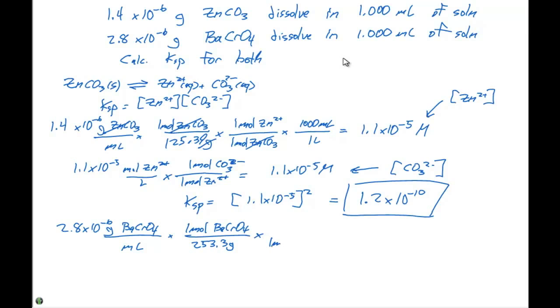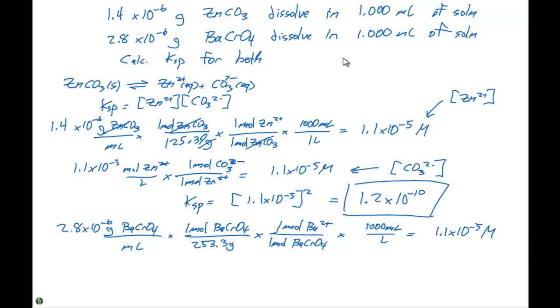For every 1 mole of BaCrO4, there's 1 mole of barium 2 plus. This gives us moles of barium 2 plus per milliliter. We need to convert to liters to get our molarity units, and we also get 1.1 times 10 to the minus 5 molar.